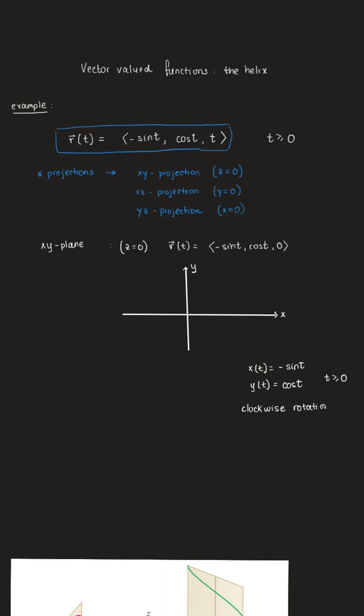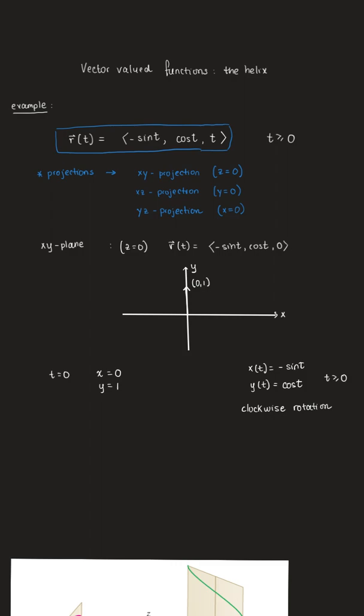To see why, let's think about our starting point. When t is 0, x will be negative sine of 0, which is 0, and y will be cosine of 0, which is 1. So we're starting with a vector that points to the point on the y-axis, 0, 1.